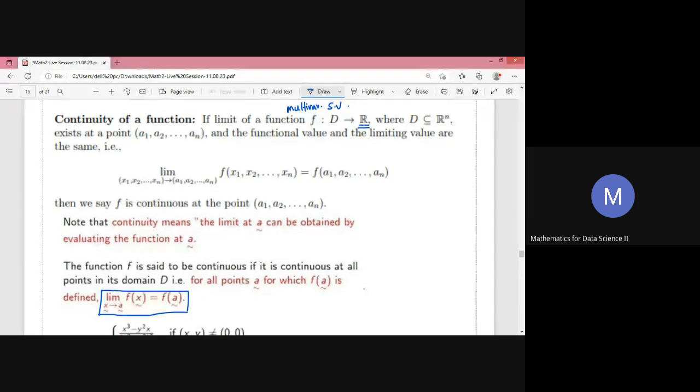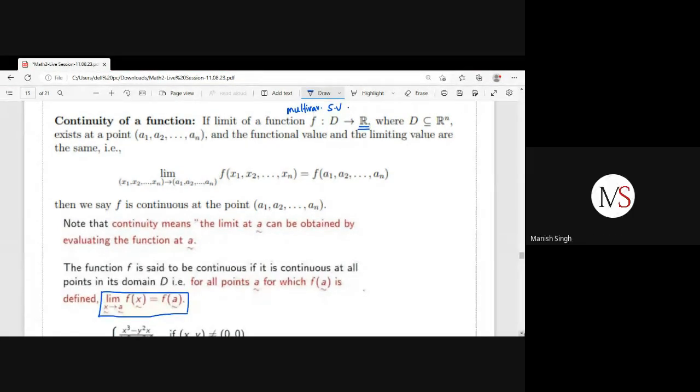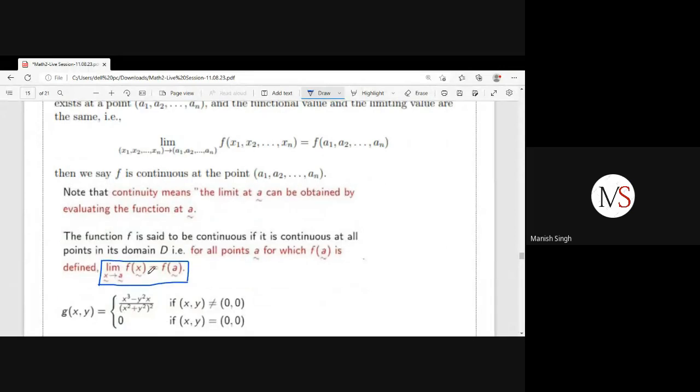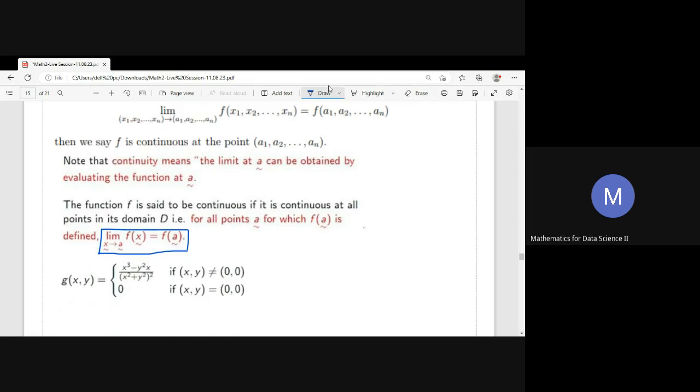So scalar valued multivariable functions. x tilde are the elements of the domain. x tilde is x1, x2, xn, and a1, a2, an is again an element of the domain. So both of them are elements of the domain. But f of a1, a2, an is a scalar.